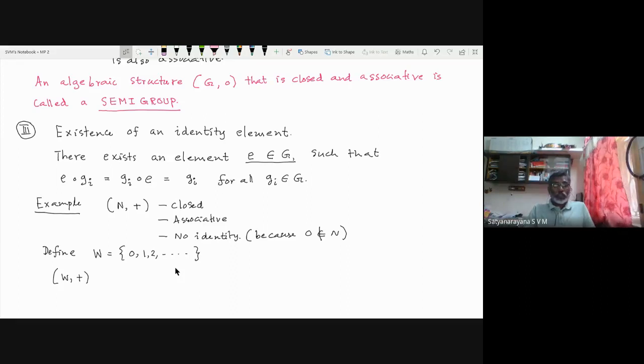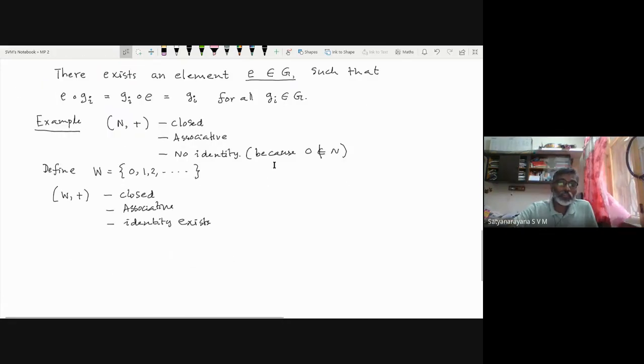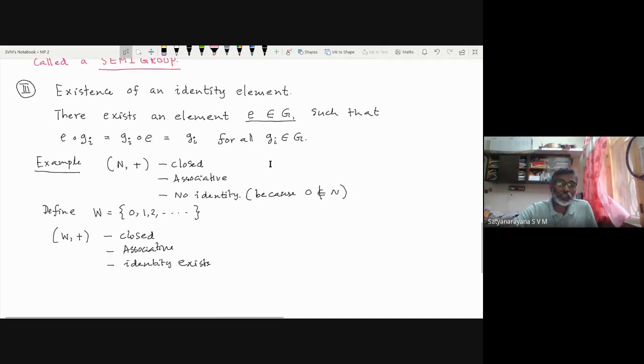Okay, in this set you have an identity. So this is closed, this is associative, and then identity exists. Right? So this is the existence of identity.